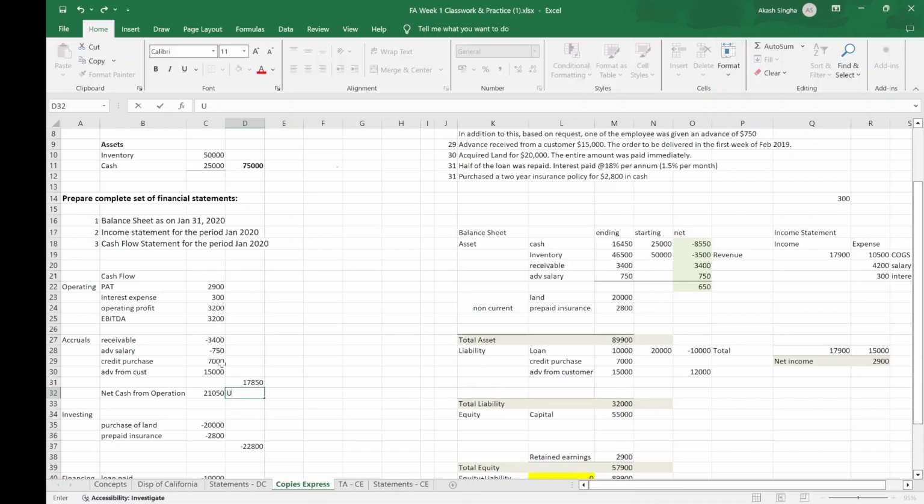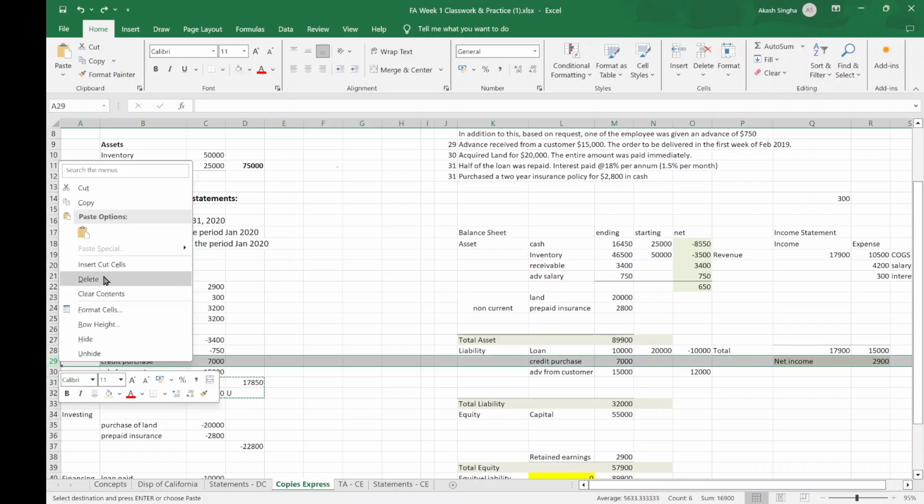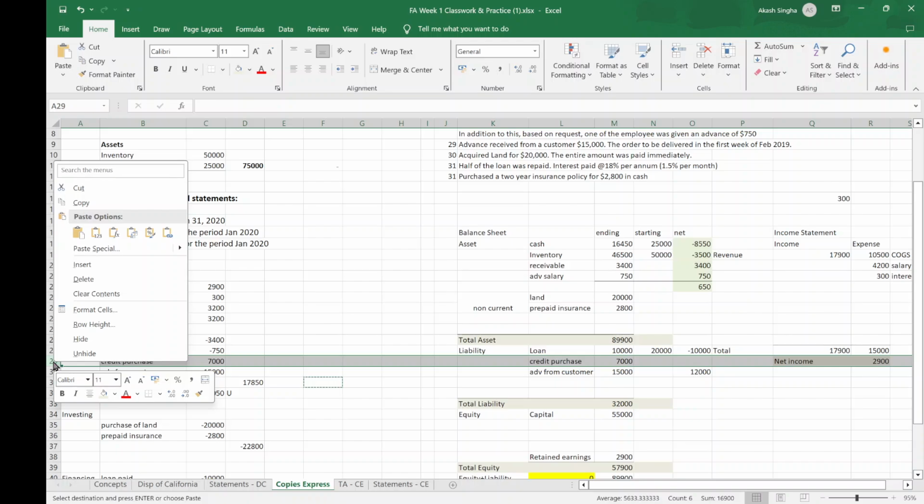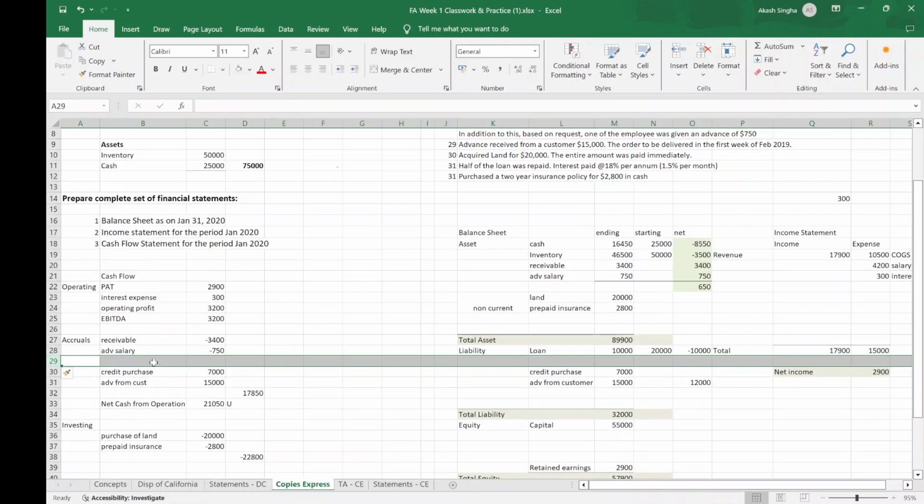Okay, so change in inventory I have not added. Yep, so in the accruals there should be another row. So let's add it. Let's insert something here.